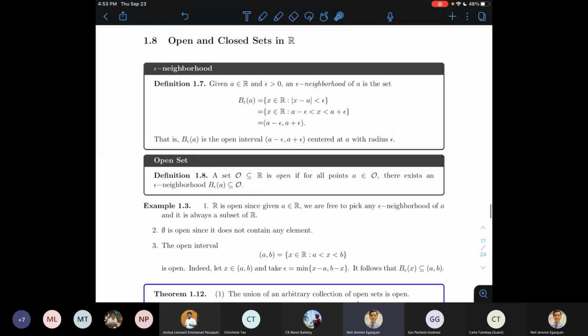Okay. Now, we'll talk about some topology in the set of real numbers. Pero tama nga ba? Nakapag-take na ba kayo ng math 138 nga ba yun? Topology? Do you have a prior topology course? Parang narinig ko sa bagong curriculum ay meron yatang topology before mag 155. Tama ba yun? Okay.